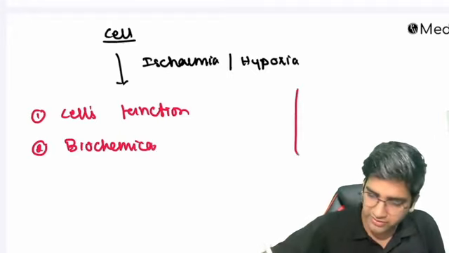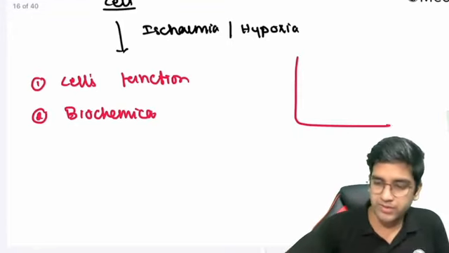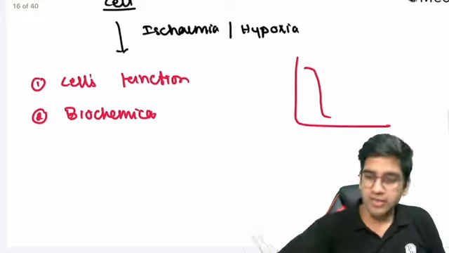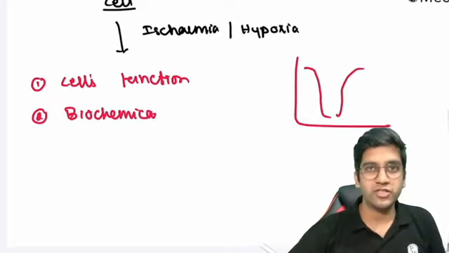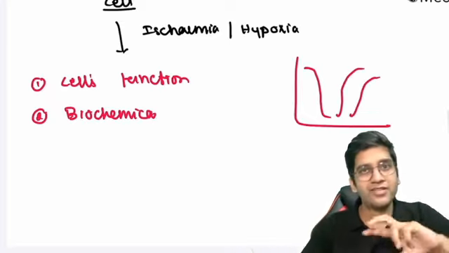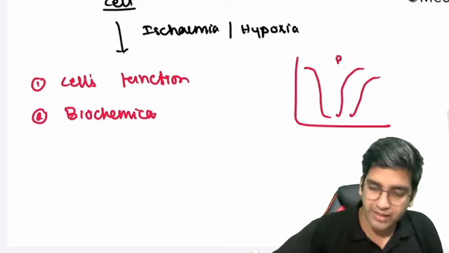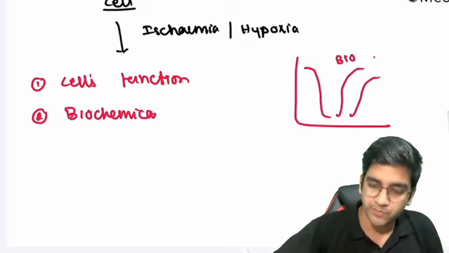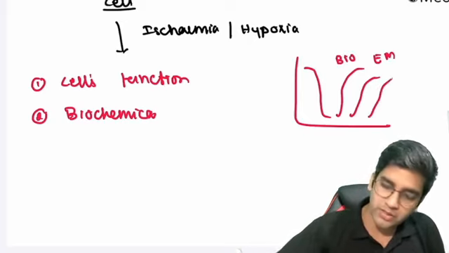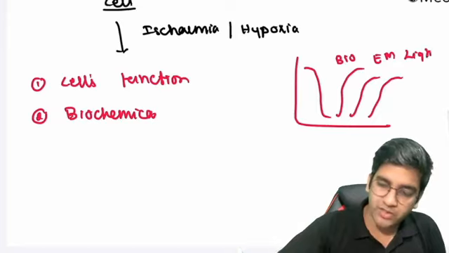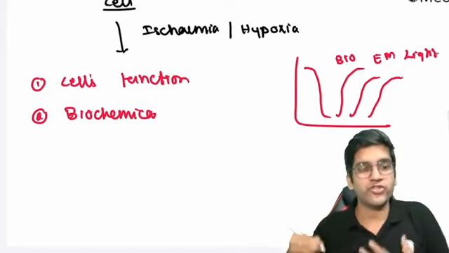You'll have a beautiful graph like this. Immediately after the damage, the cell function reduces. After that, my biochemical changes come. After that, it will be written as ultrastructural. That's my electron microscopy. First is biochemical, next is electron microscopy, next is light microscopy. Later only the naked eye gross changes happen, right?